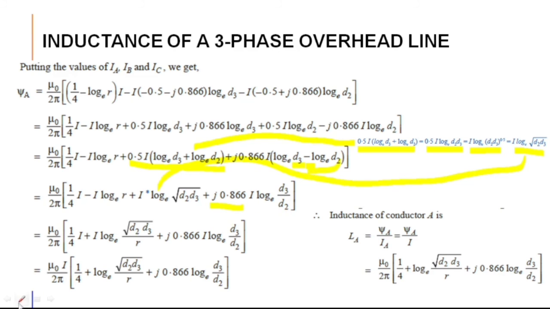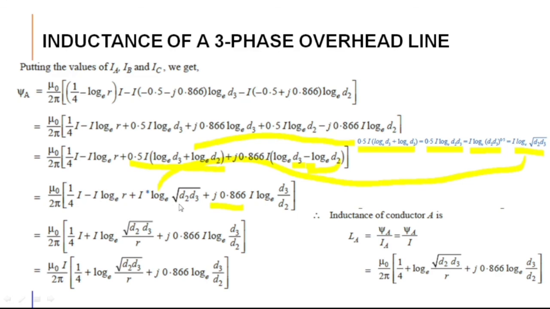And for the further simplification, see mu naught by 2 pi, 1 by 4 I plus I log, the term is here root of this term is minus term and taking the common as I, and this term is minus log r base e and log root d2 d3 base e.